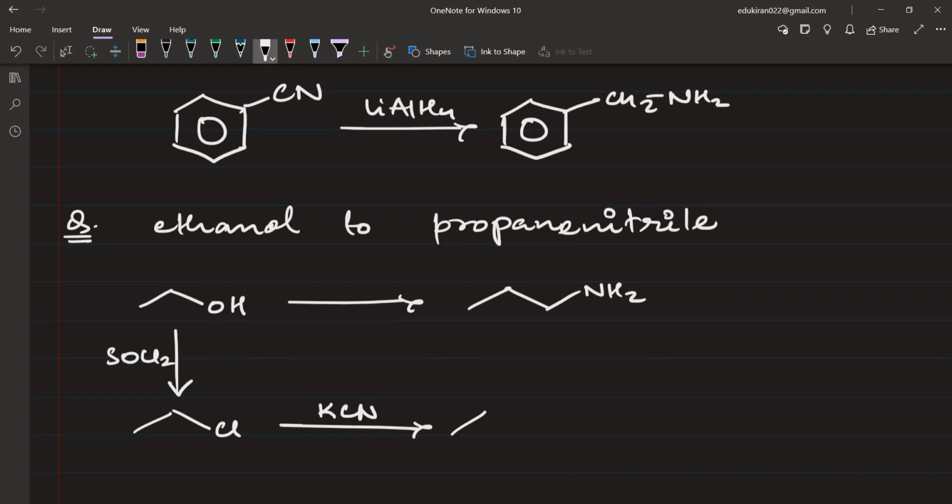This KCN is going to add CN here. And after this, you can use LiAlH4 or any of the reducing agents. So this carbon atom will get 2 hydrogens, and this nitrogen is getting 2 hydrogens.